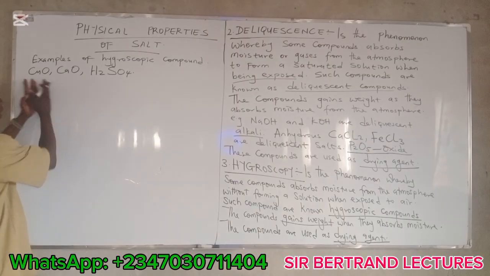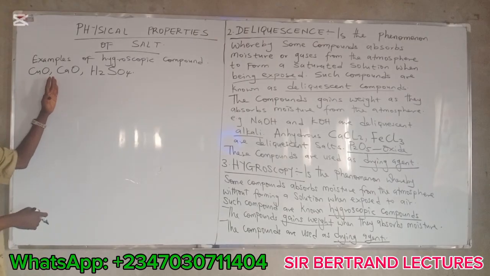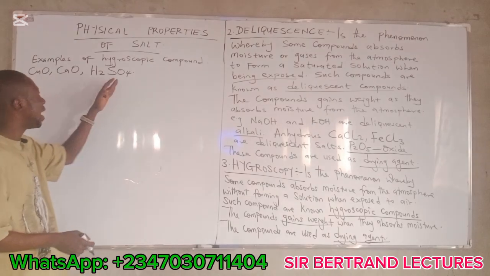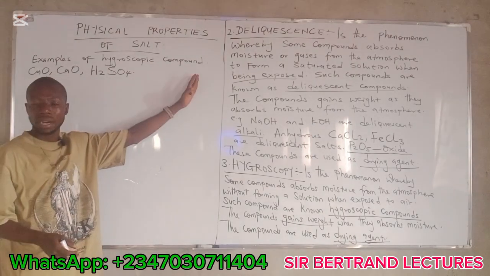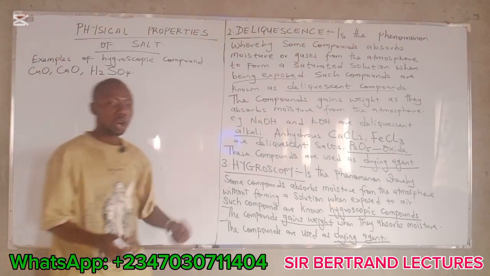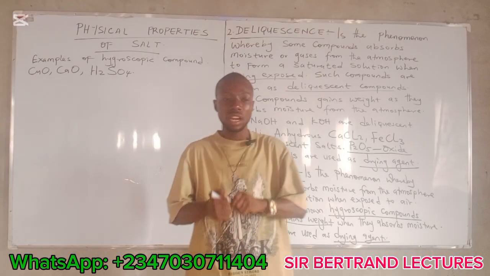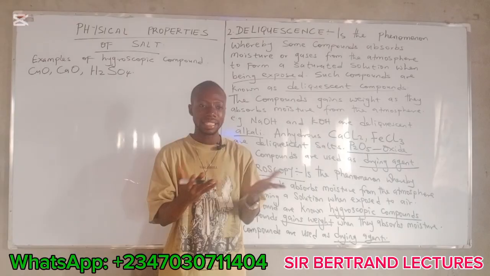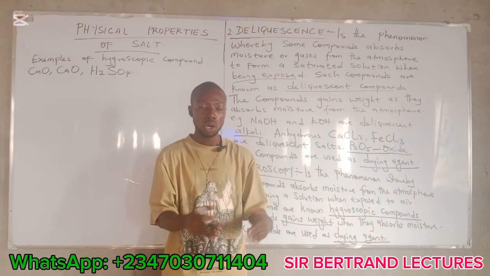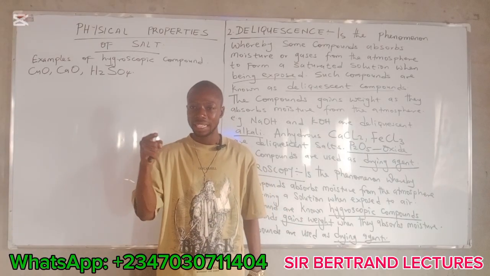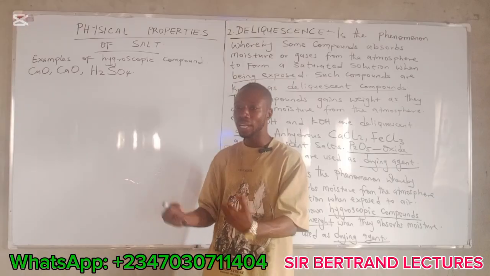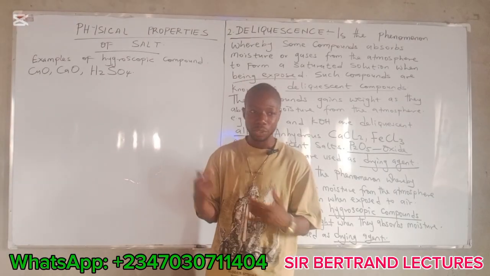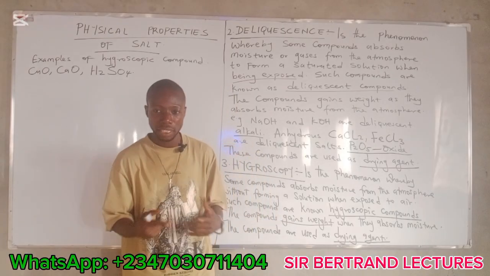So here, copper 2 oxide, quicklime, which is also known as calcium oxide, and tetraoxosulfuric acid are examples of hygroscopic compounds. These compounds absorb moisture from the atmosphere without forming any solution. Whenever they are exposed, they absorb moisture without forming a solution. And like I told you, they gain weight when they absorb this moisture from the atmosphere. And as such, they are used as drying agents.